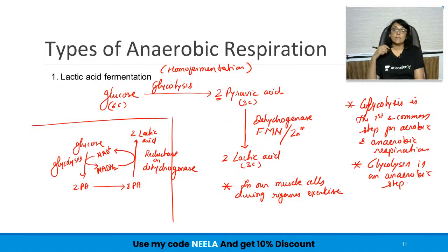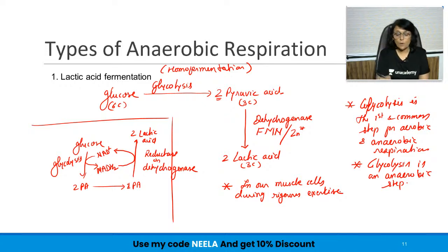During that time, because as soon as we start exercising, the initial breakdown is aerobic because oxygen supply is there. But if we are continuously working, then that oxygen supply may not be enough. So glucose is broken down in absence of oxygen.